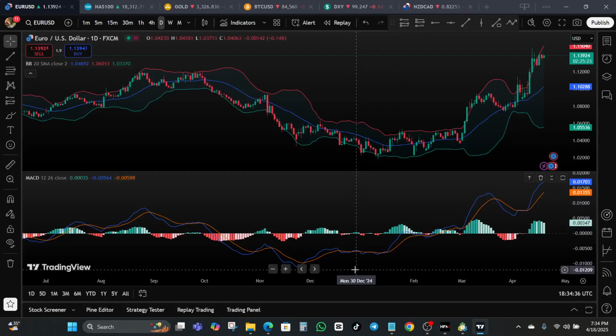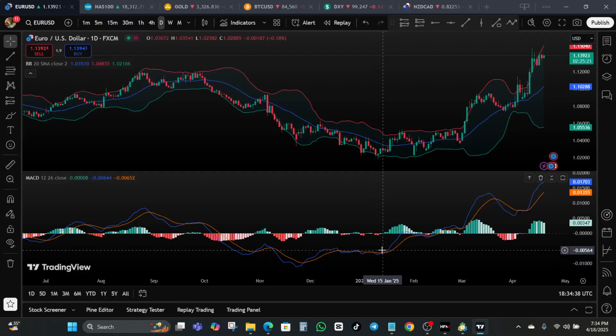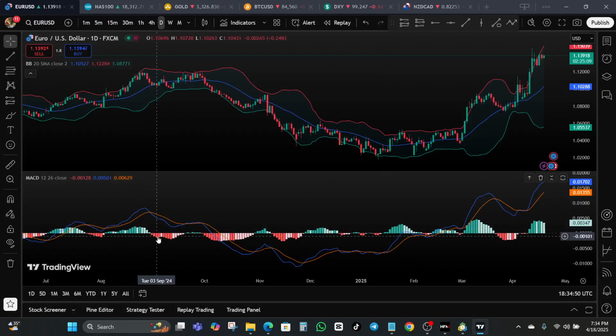Crossovers between the MACD line and the signal line often point to entry or exit zones. When you have a bullish crossover and you have the histogram bars above the zero level, it's a bullish signal. When you have a bearish crossover and you have the histogram bars red below the zero level, it's a bearish signal.